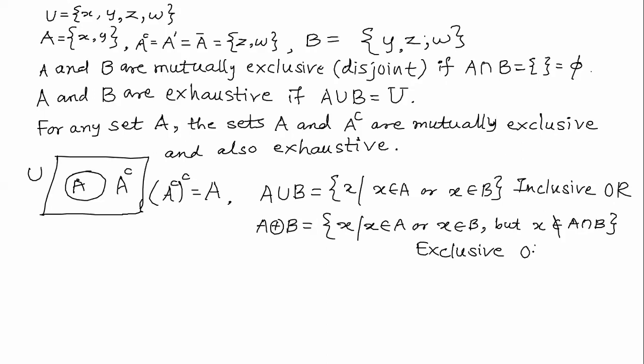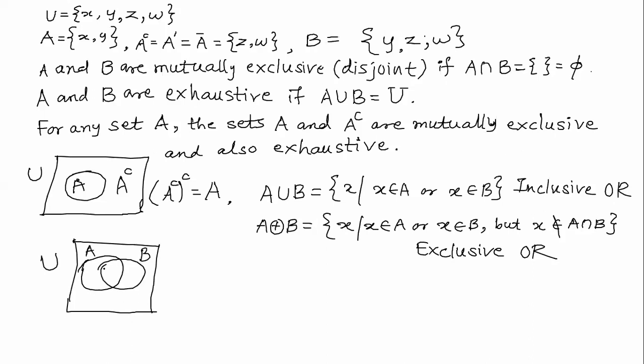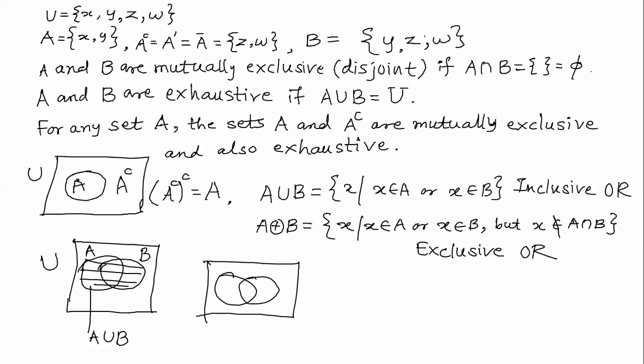In this Venn diagram, suppose I have two sets, this is set A, this is set B. Then we know inclusive OR: this is A union B. On the contrary, the symmetric difference of A and B is represented by this.